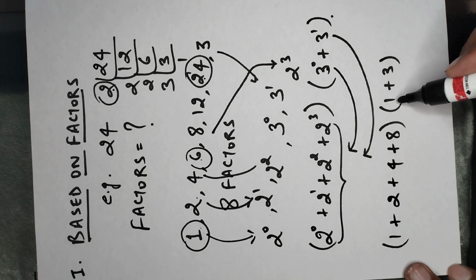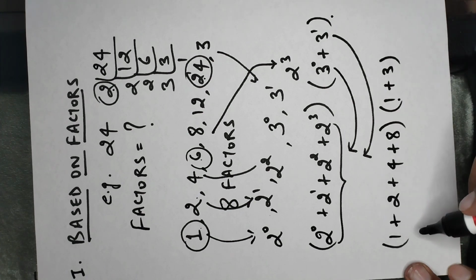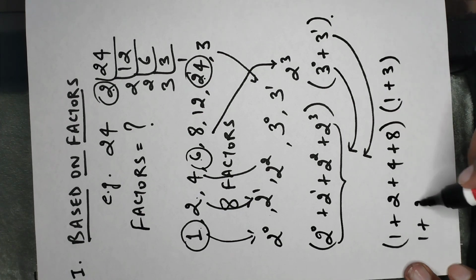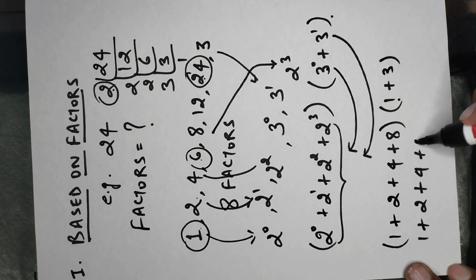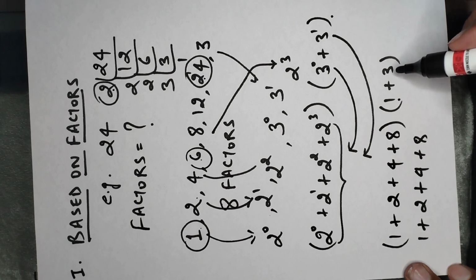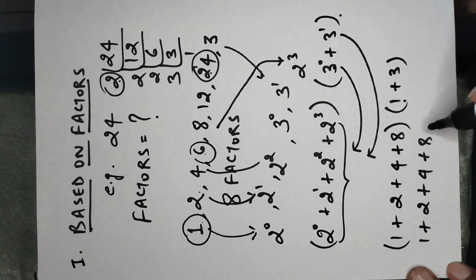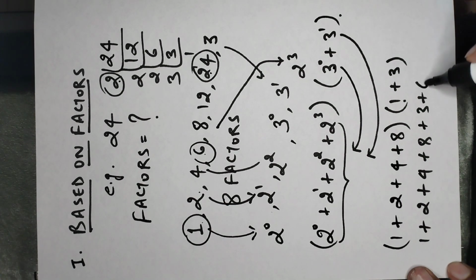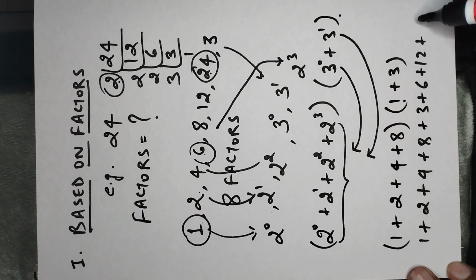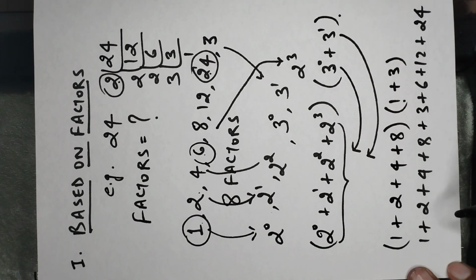Now multiplying all of them, how can I write them? If I multiply this one with all of these factors, I can write them as 1 plus 2 plus 4 plus 8. Similarly, multiplying this 3 with all these factors, I can write them as 3 plus 6 plus 12 plus 24.